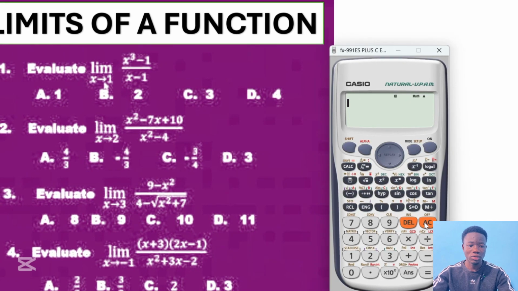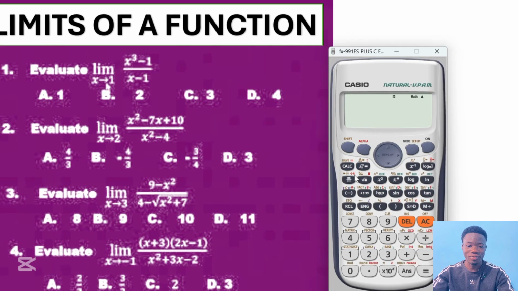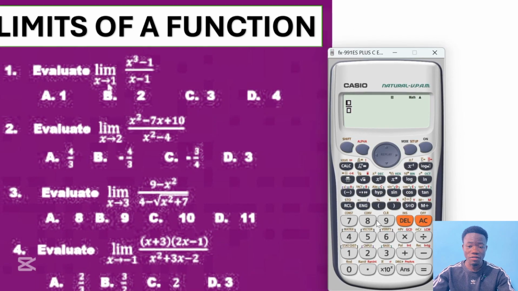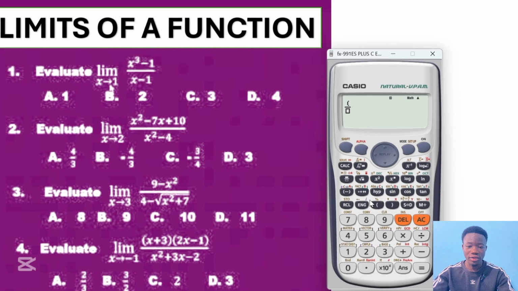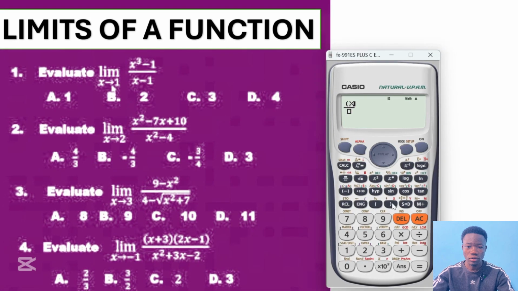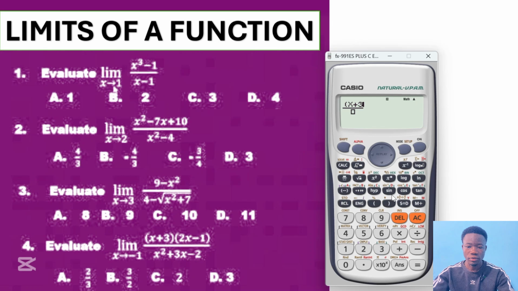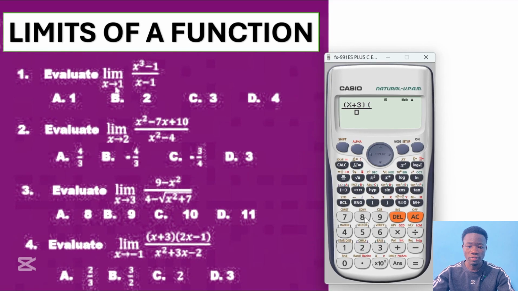Now the last question is saying that we should evaluate, wow, this long one. So we have bracket x plus 3 multiplying 2x minus 1, and you close the bracket, all on x squared plus 3x minus 2.